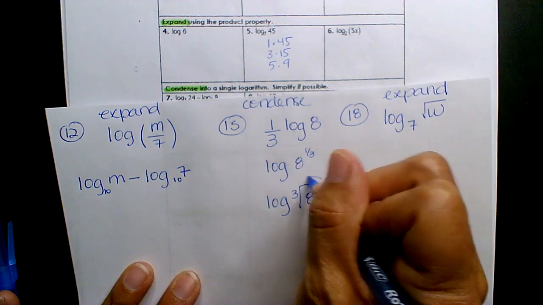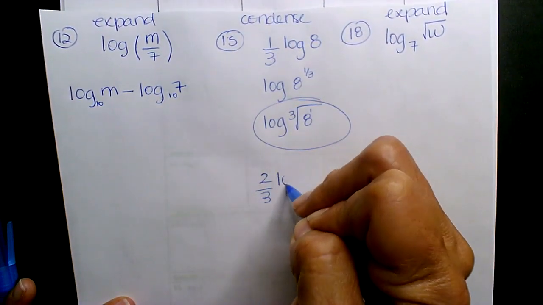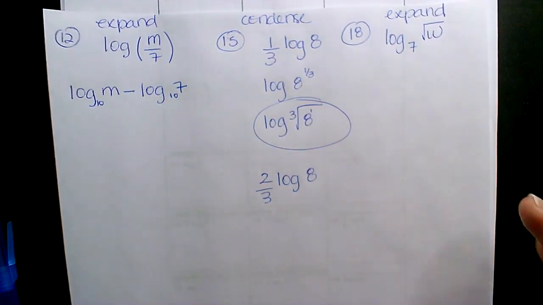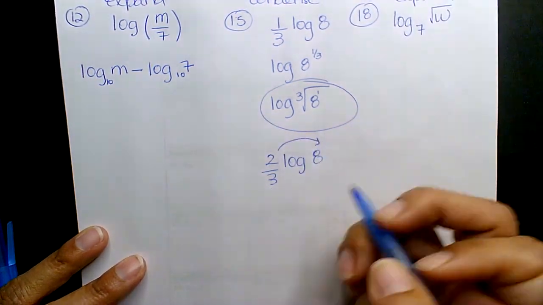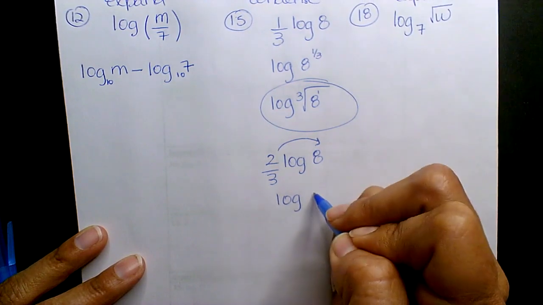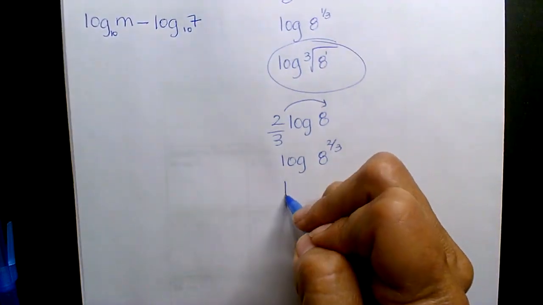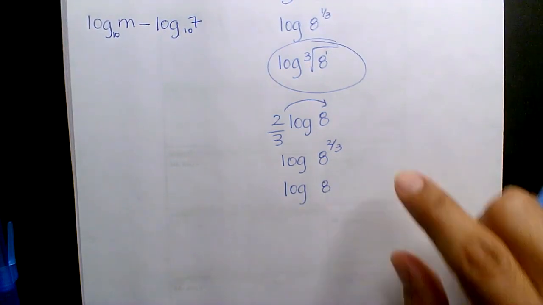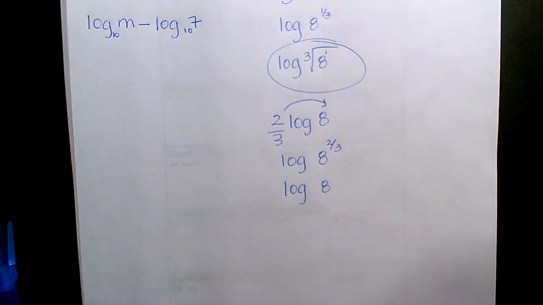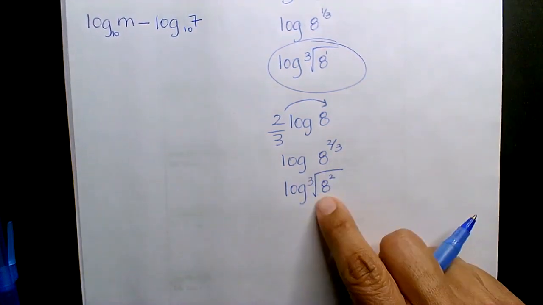So for instance, this would be the answer, but for instance, if I gave you this, right? If you use the power rule, it would be log 8, it would be 2/3, but then if you wrote it condensed more, I have 8 squared, but it's at the cube root.